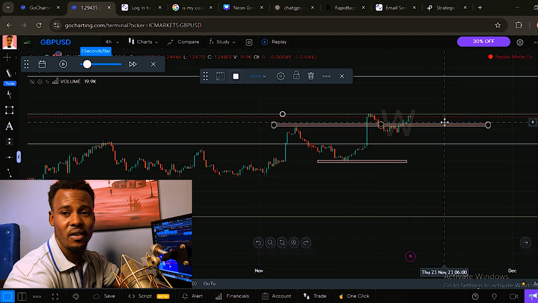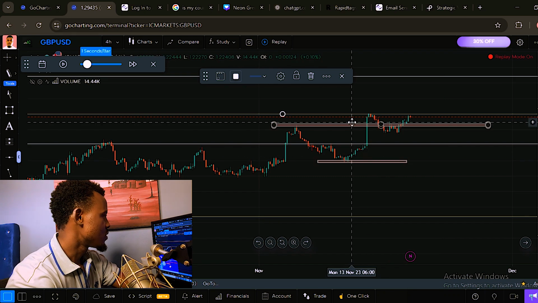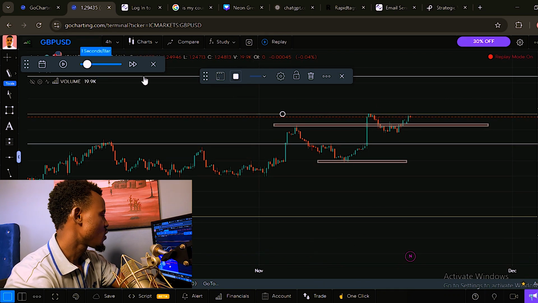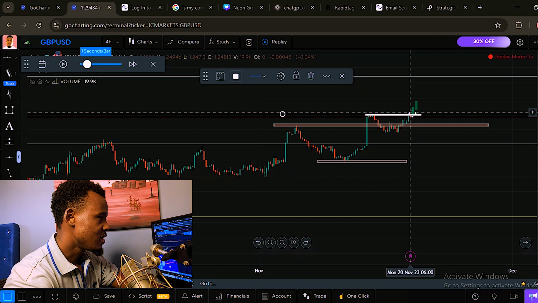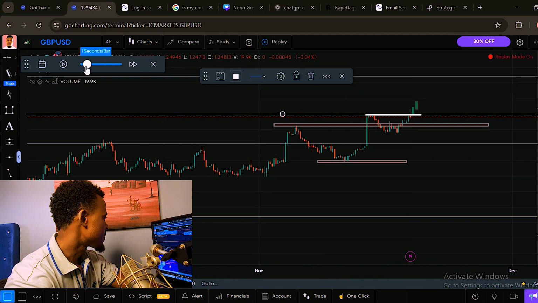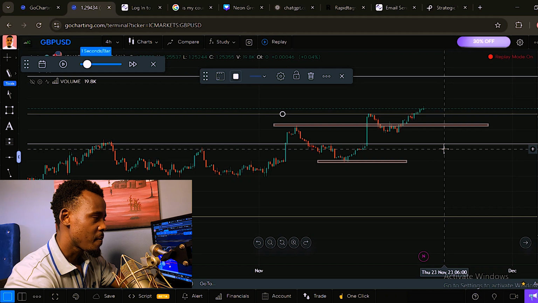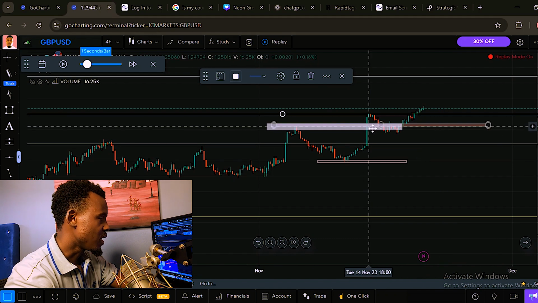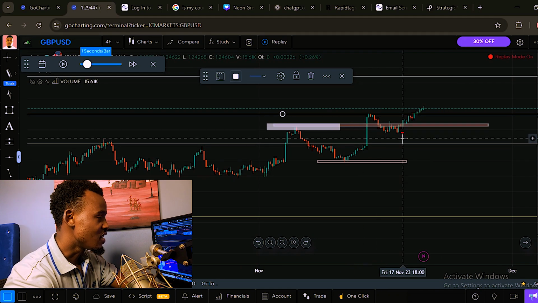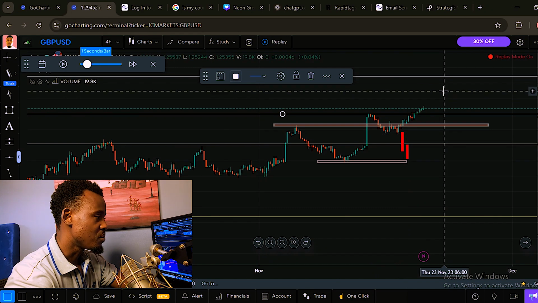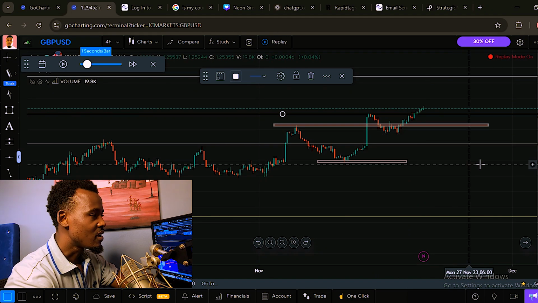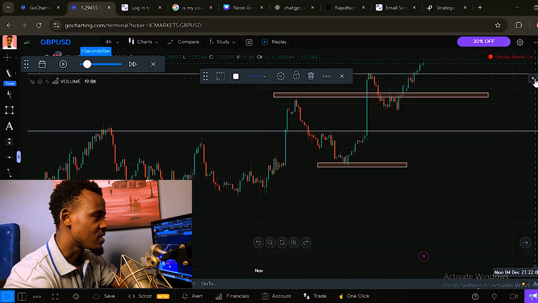You don't need to get into the market until it breaks this high here. Now let's replay. Not confirmed, the last one. At this point, we can go in for a buy, because price gets to this place, respects this zone, since it could not break here and keeps pushing back up. That is why you have to be patient while taking a trade.